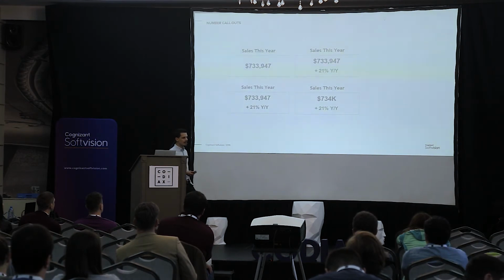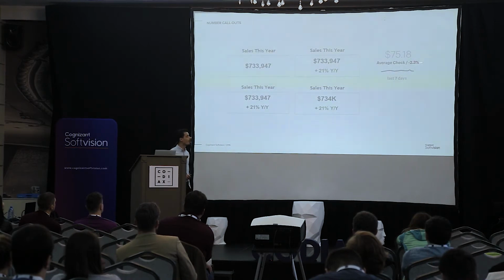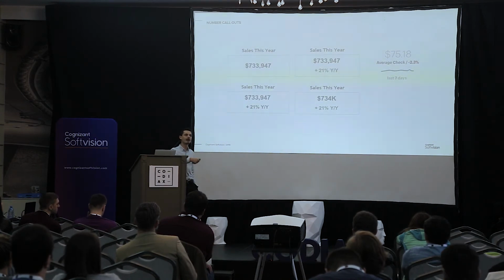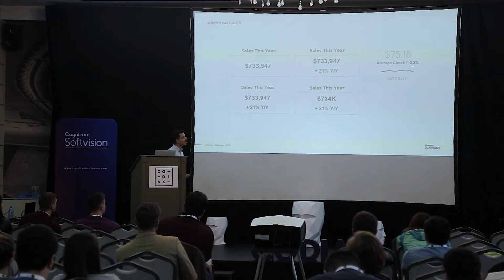What I've also seen, and I do recommend using, is more context. So just like we had here, we had the average check value, $75. So for a restaurant, on average, people pay at the restaurant $75. It's minus 2.3% compared to the last period. And I have here the last 7 days, so I know if it has evolved or not.